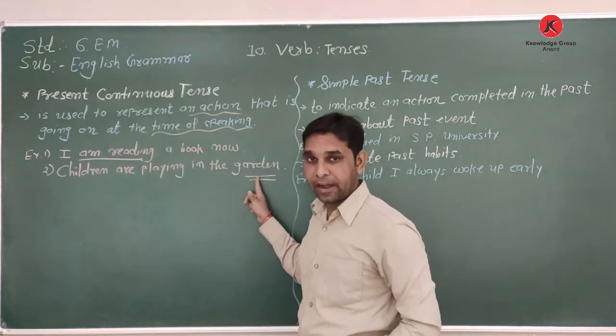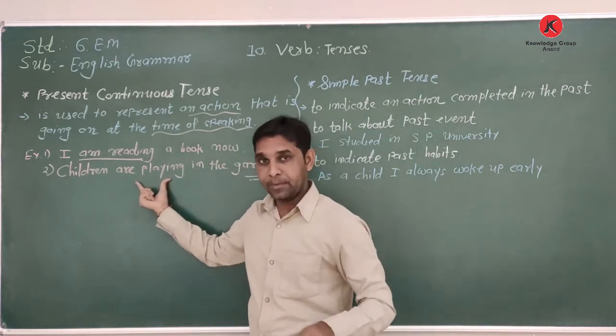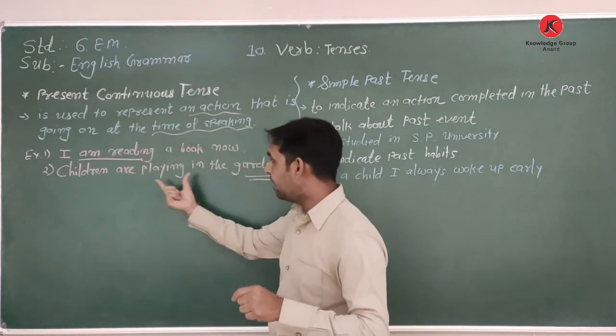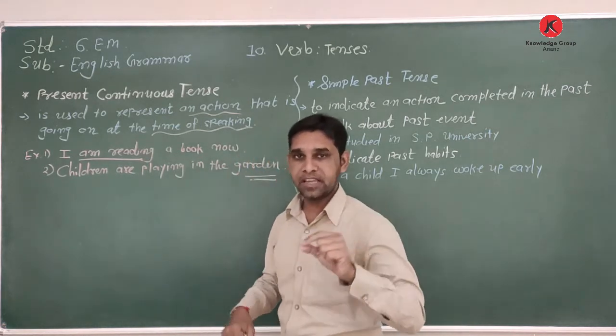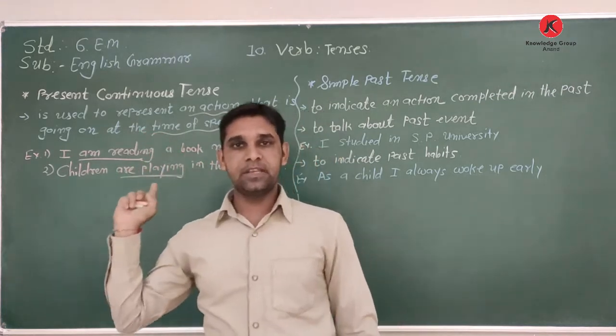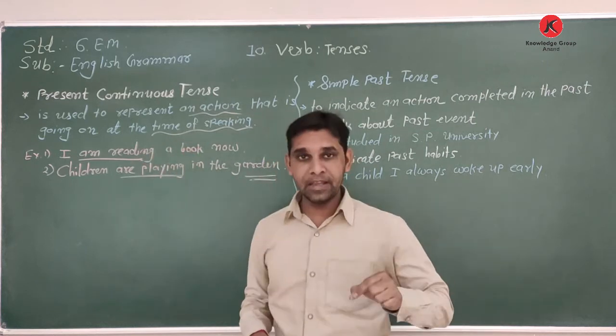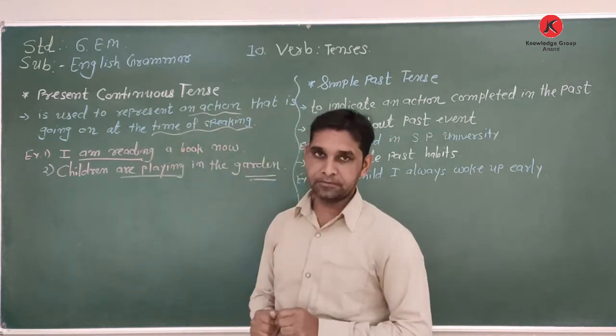Children are in the garden. But what are they doing? They are playing. They are playing means at the time, in the garden, they are playing. The action is continuing. So this present continuous tense shows that the action is going on at the time of speaking.